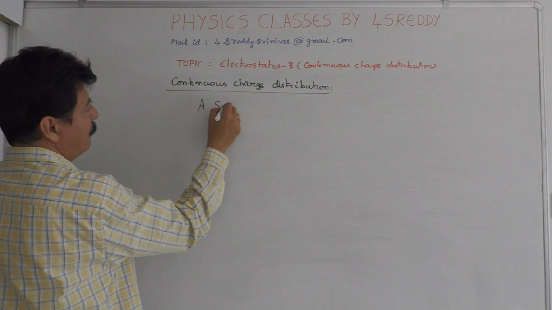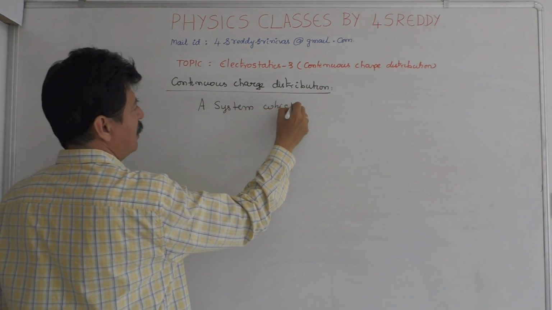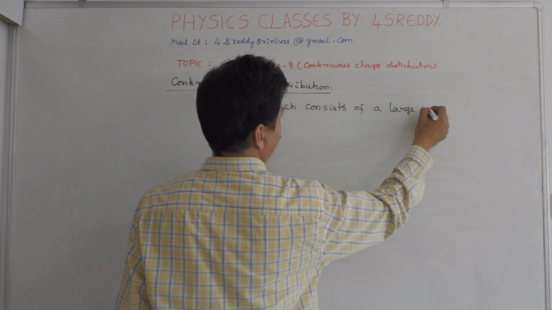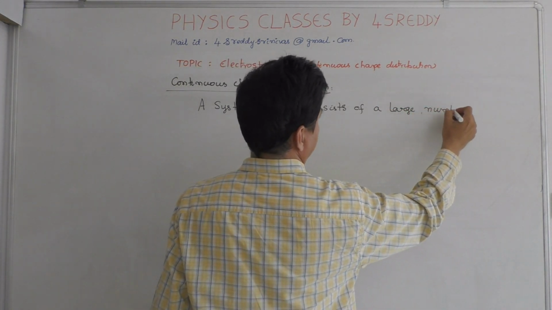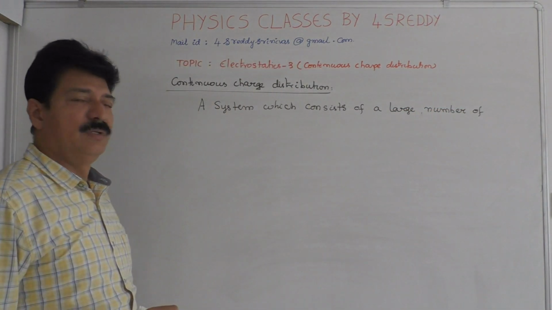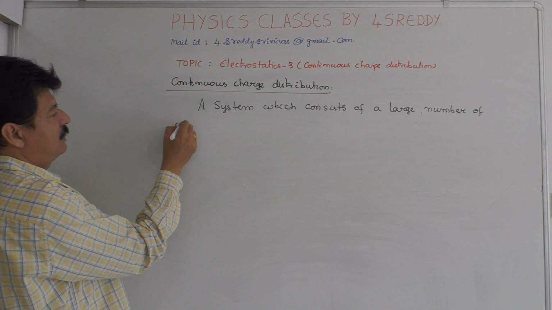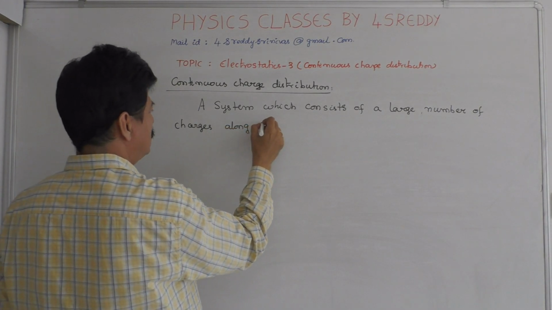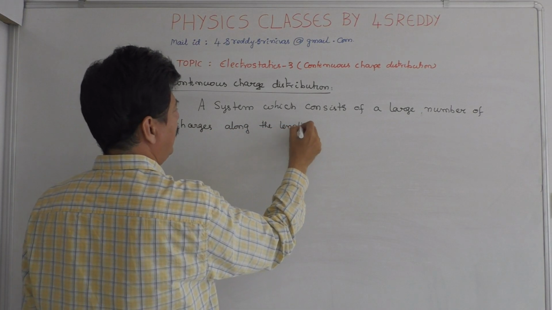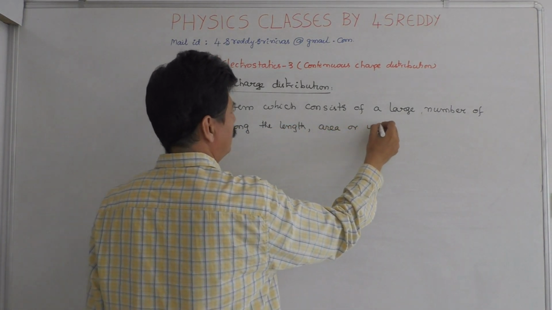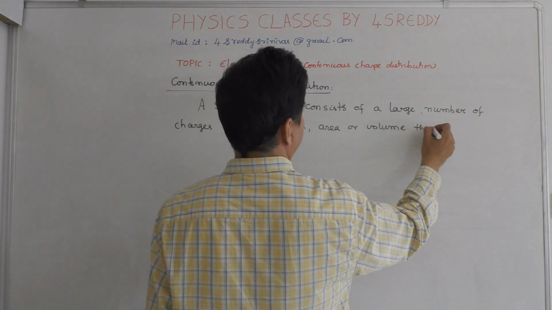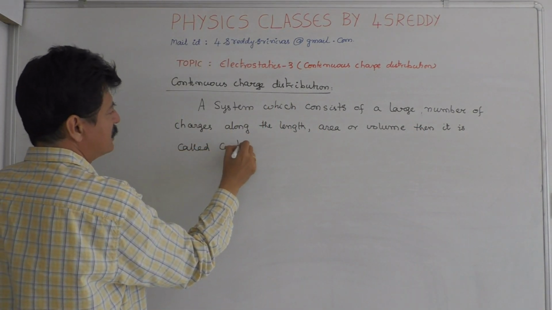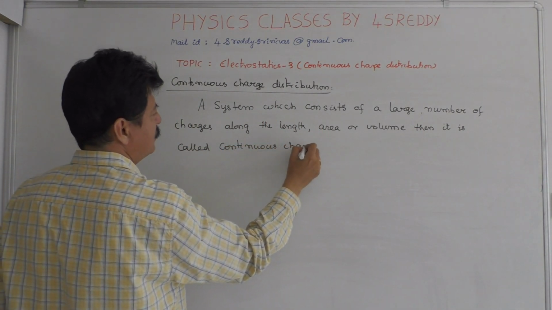That is a system which consists of a large number of charges along the length, area or volume, then it is called continuous charge distribution.